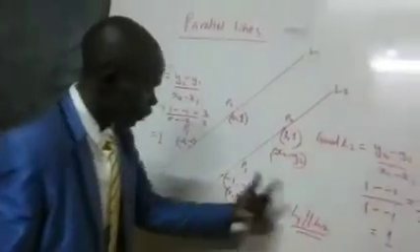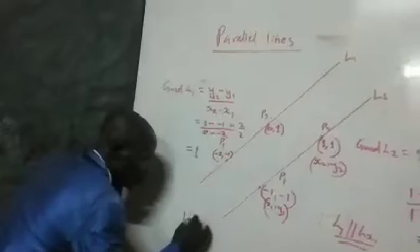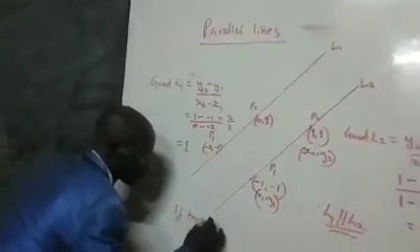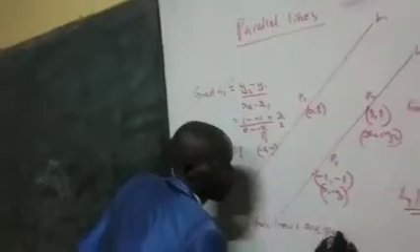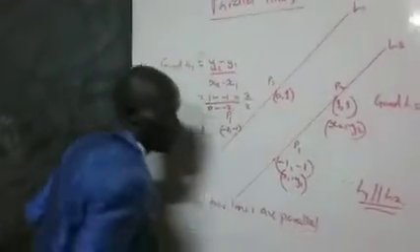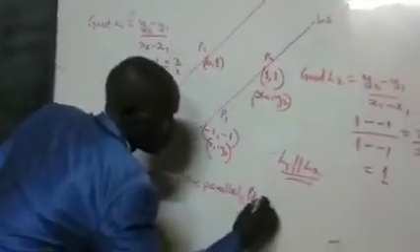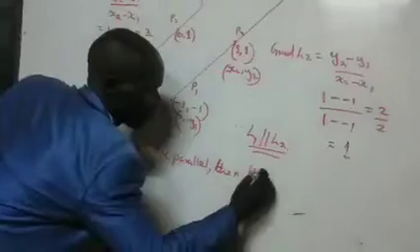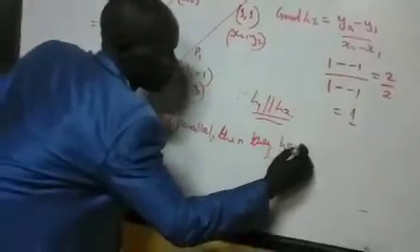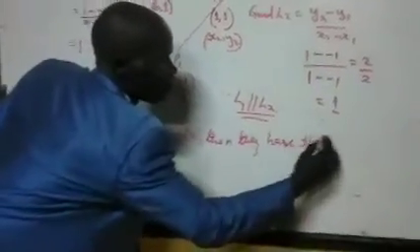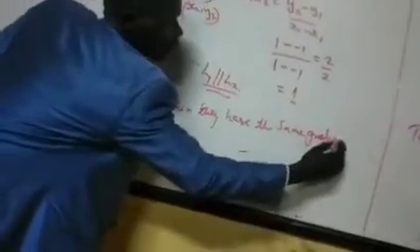Now in the converse we can say that if two lines are parallel, then they have the same gradient.